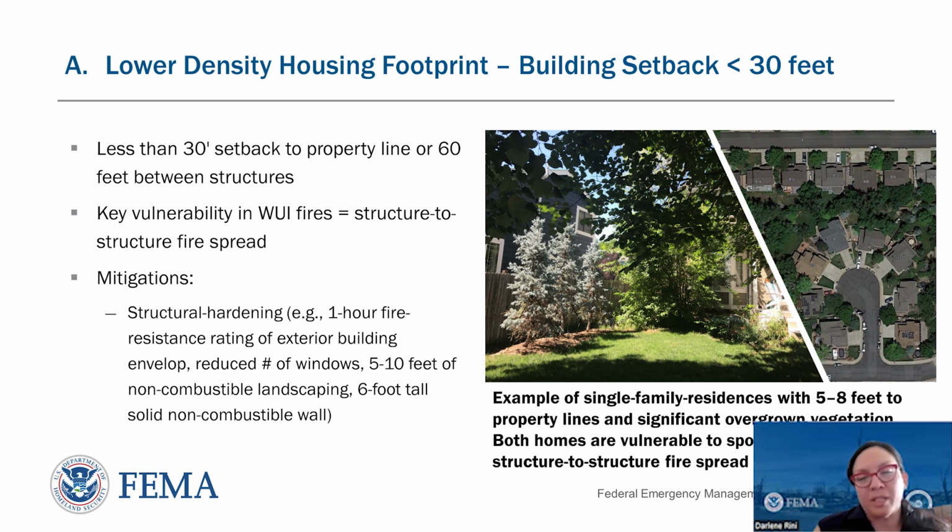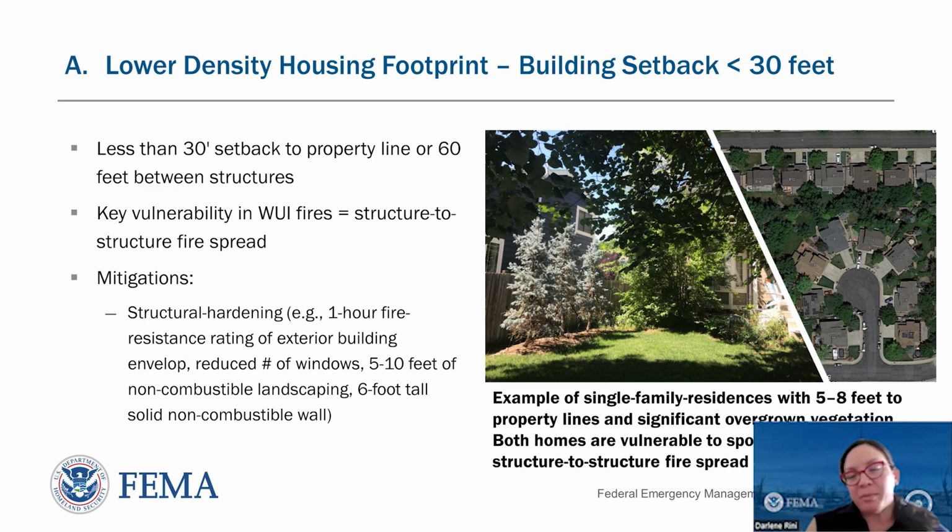So in this case here, you can see the image on the right, which is showing an example of a neighborhood in the Marshall Fire, where you see on the far right a plan view of a typical sort of lower density housing development with a lot of common vegetation in between housing. And you can see that the spacing between structures are also quite close.